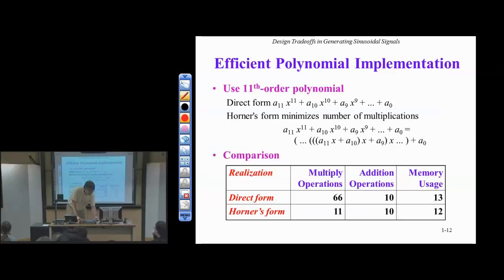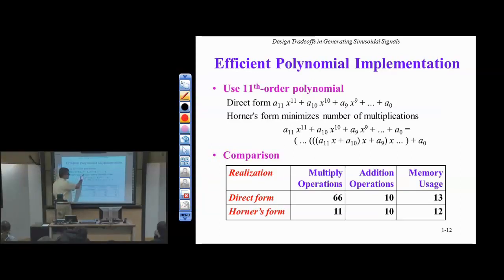Okay, and this is a trick they use. This is a really nice trick. I'm sure it goes back at least to the 1960s, if not earlier. This is a very efficient way to implement a polynomial calculation. Might use it sometime in the future. So the direct form of the polynomial, 11th order polynomial, right?